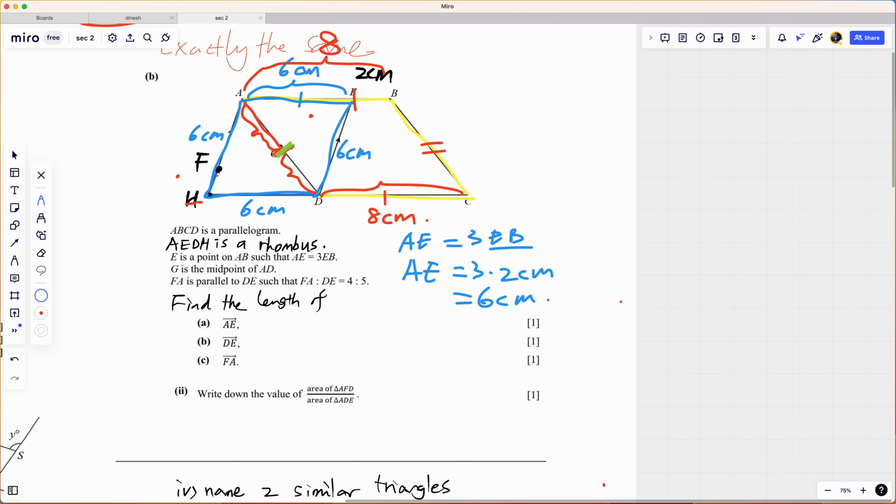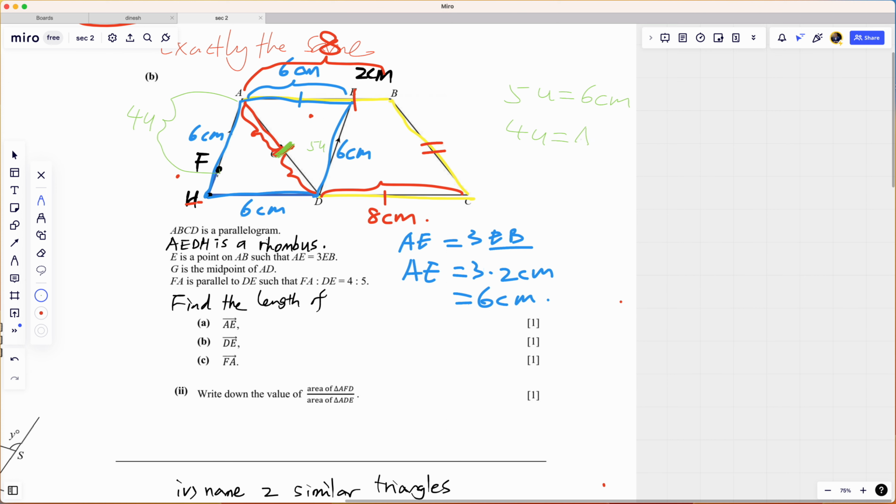Never mind. Continue. FA is parallel to DE. FA, where's FA? FA is here. Parallel to DE, which is here. And FA here is 4 units. This is 4U, while DE is 5U. So 5U is 6. 4U is AF.